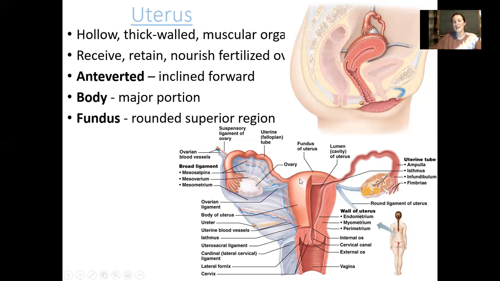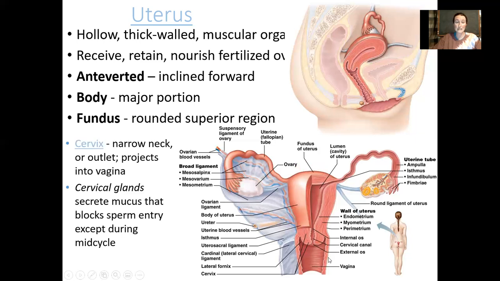And just like we saw in the stomach, the uterus is kind of domed, right? So that is called the fundus. The opening from the vaginal canal into the uterus is called the cervix. In AP1, you talk about the cervical region, the neck region, the cervical spine. So cervix just means the neck.